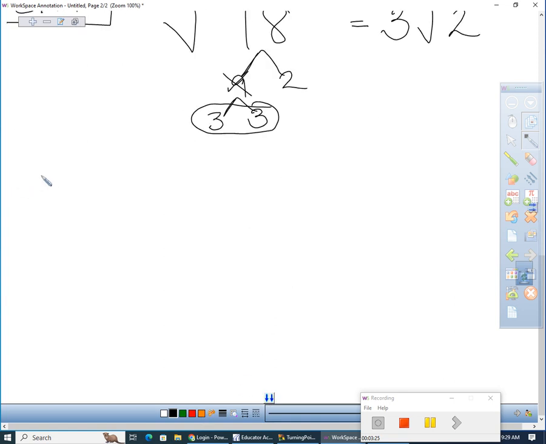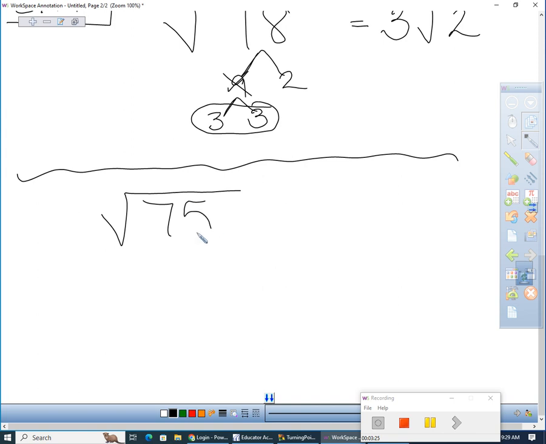I'm going to keep it underneath the same example. Let's say I have the square root of 75. All right, I hear it. 25 and 3. Do one of those numbers break down further? Breaks down into what, Sean?